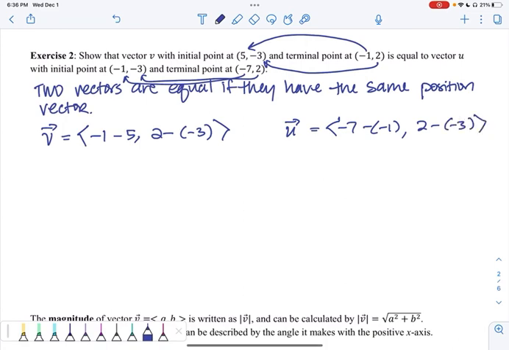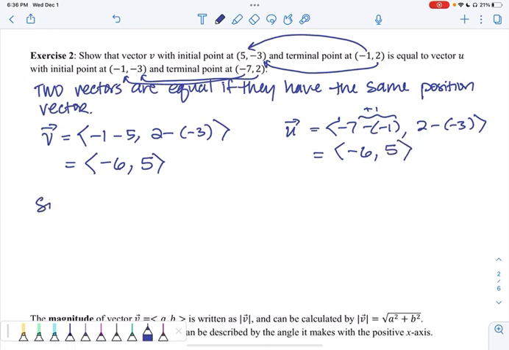Okay, so now just kind of a simple, what are we doing here? -1 minus 5 is -6, and then 2 minus -3, of course, is just +3, is 5. And then over here we have -7 minus -1 makes -6, right? This all is +1, so -6, and then 2 minus -3, again, is just 5.